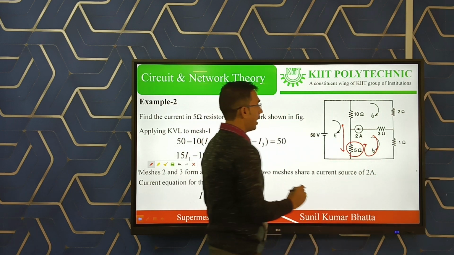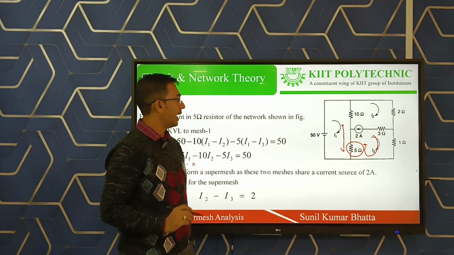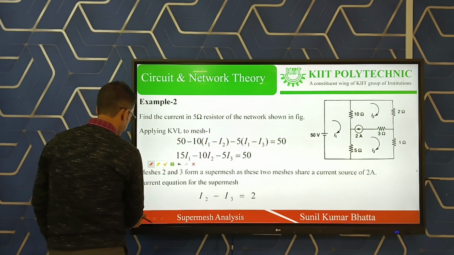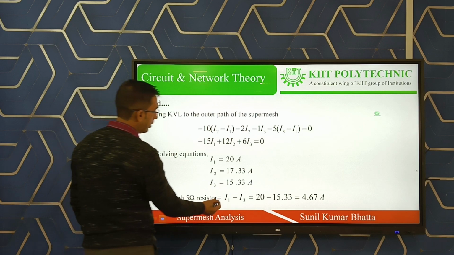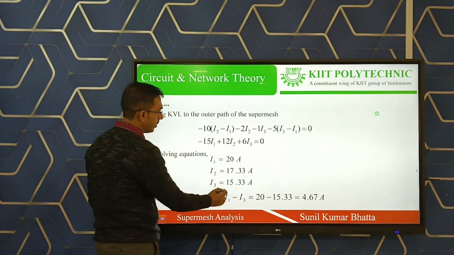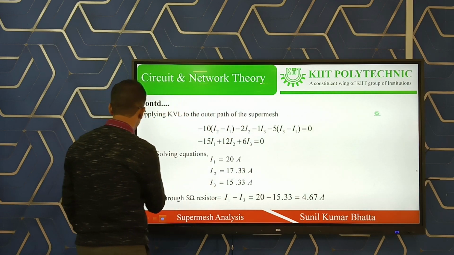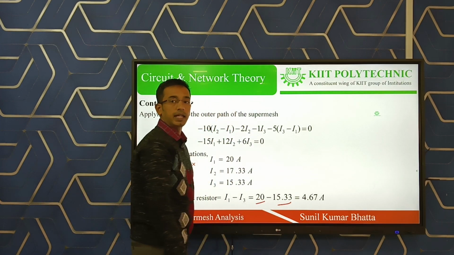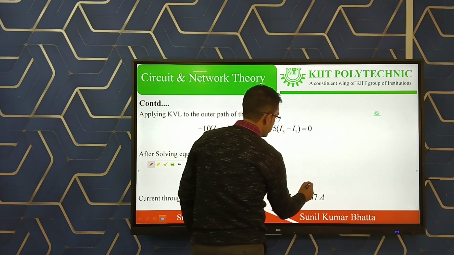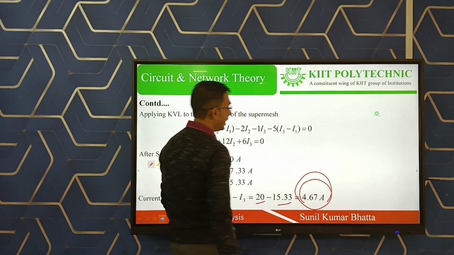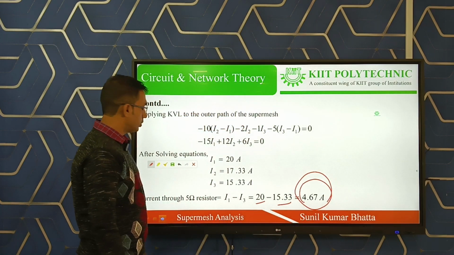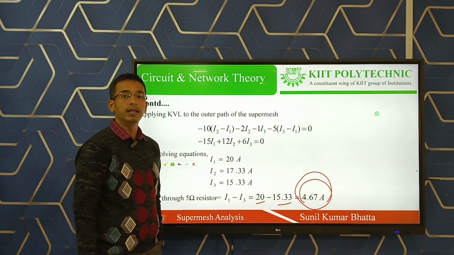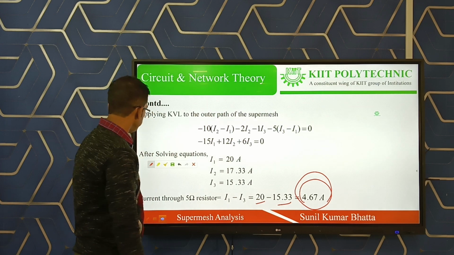So our concern is with I1 and I3. The I1 value is 20 ampere and the I3 value is 15.33 ampere. So 20 minus 15.33 is 4.67 ampere. This is the final current through the 5 ohm resistor.